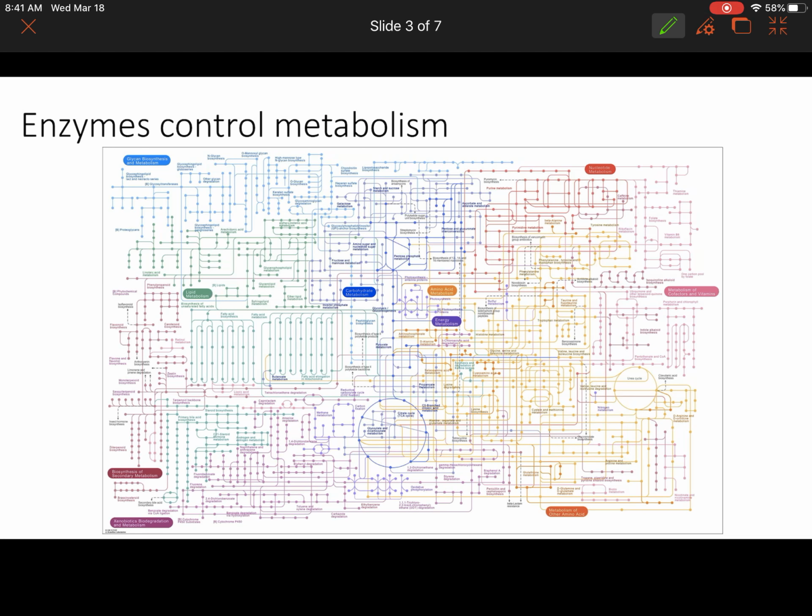All right, well, before you freak out when you look at this image, in a cell, enzymes control metabolism. So remember a couple of lectures ago, we talked about the fact that metabolism is the total of all the chemical reactions that take place in an organism. Well, this is a simplified diagram of human metabolism.